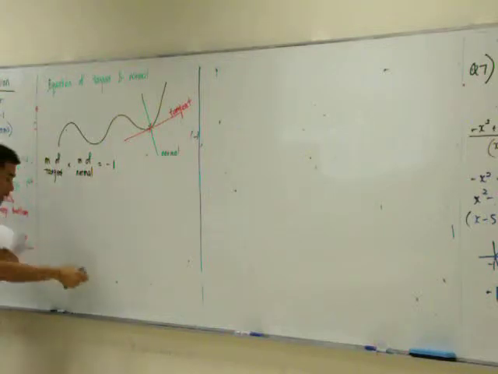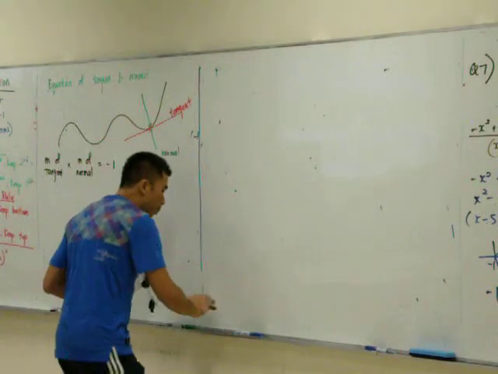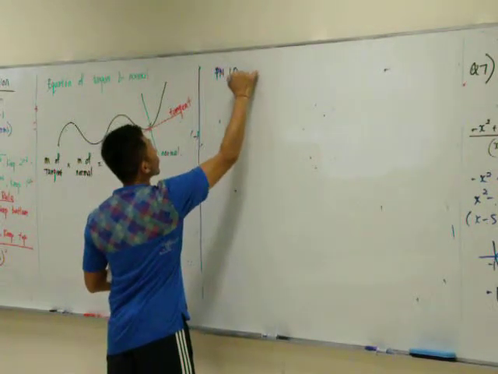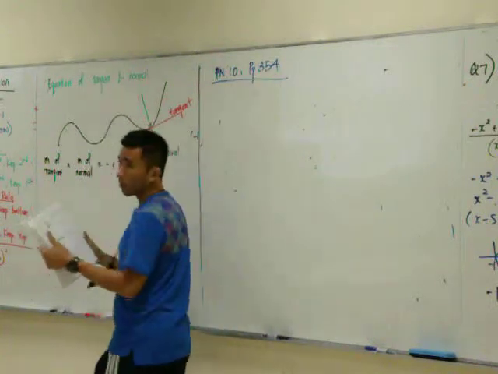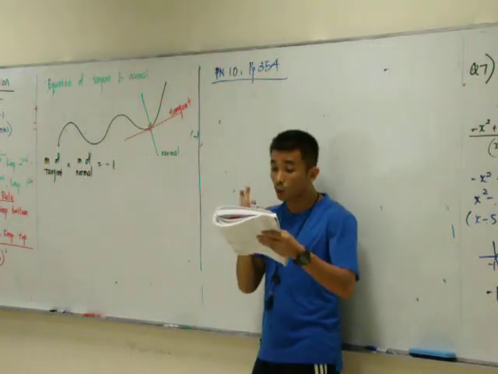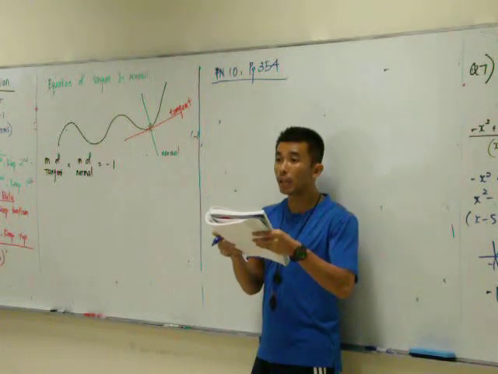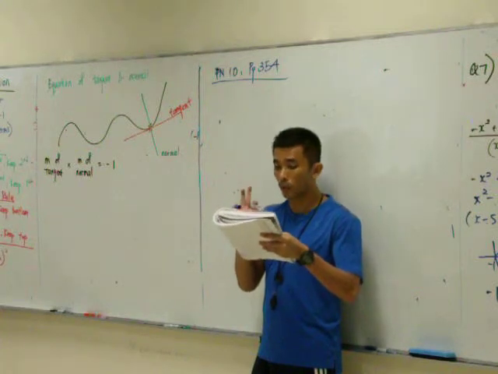Now, please turn to page 354. Practice now 10. Trust me, it's not too difficult. Alright, Josiah, are you with me? Are you sure? You're not praying to God or something?